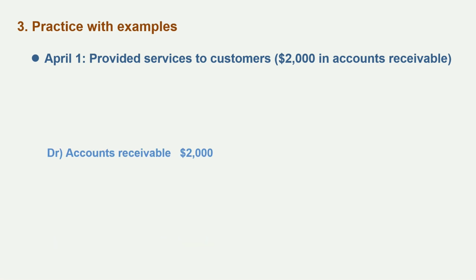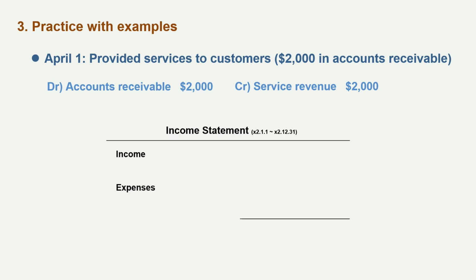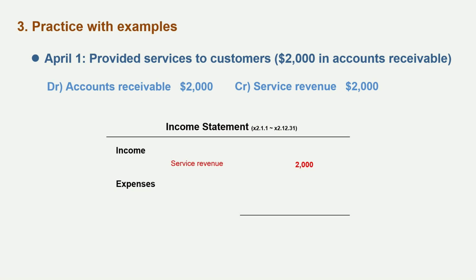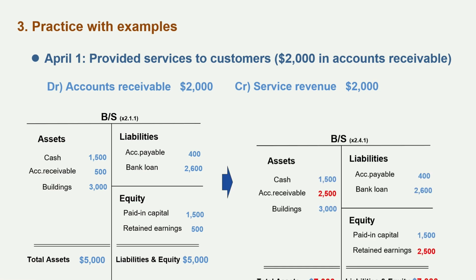So we debit the accounts receivable on the journal entry. On the credit side, we need to put a profit and loss account. We'll use an account called service revenue, which accurately describes the nature of the income transaction in this case. The entry of the service revenue is then reflected directly in the income statement, and on the other hand, increases the retained earnings on the balance sheet by the same amount.